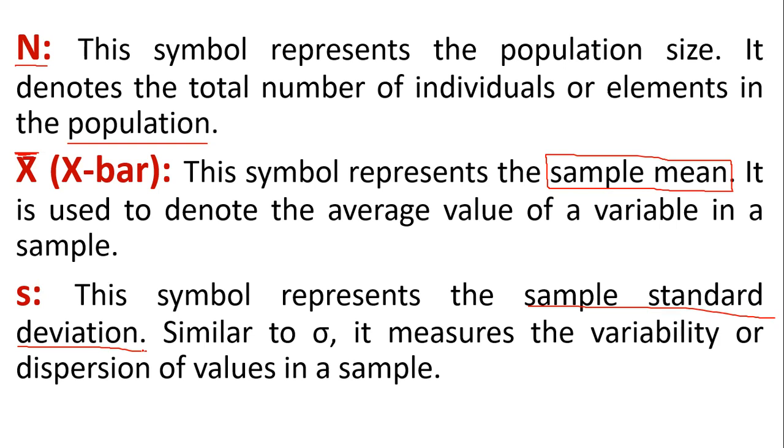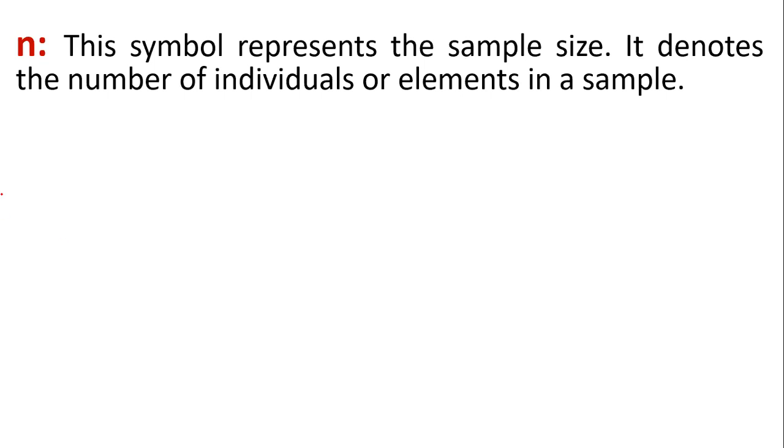But when you use the small s, it means that you are looking at the sample standard deviation. Small n represents the sample size. When you use small n in your formula or calculation, it means that this is the sample size as opposed to the capital N.